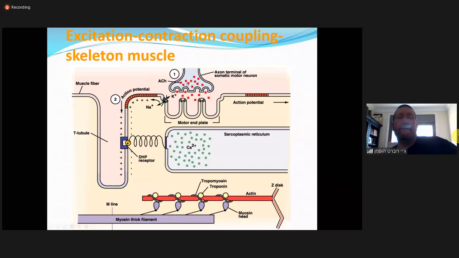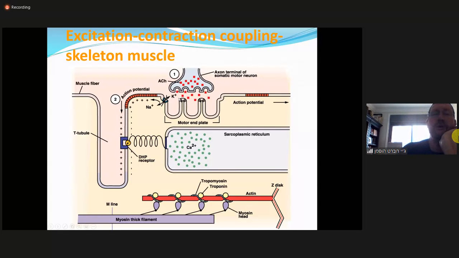So the first thing that's happening is we're at the motor unit. This is the neuromuscular junction. The action potential occurs, causing release of acetylcholine. As acetylcholine crosses into the postsynaptic membrane on the neuromuscular junction, it's going to cause an action potential.